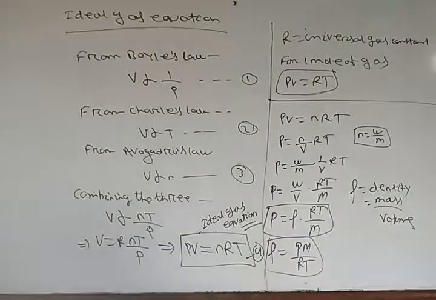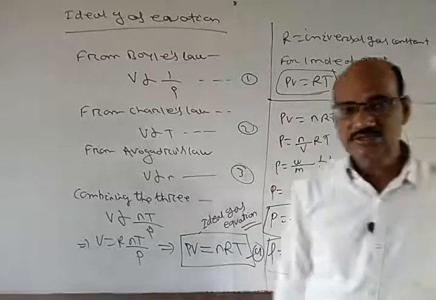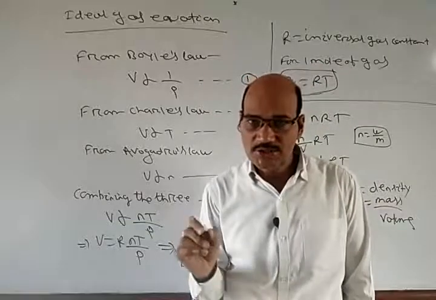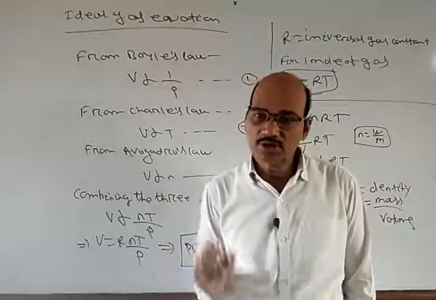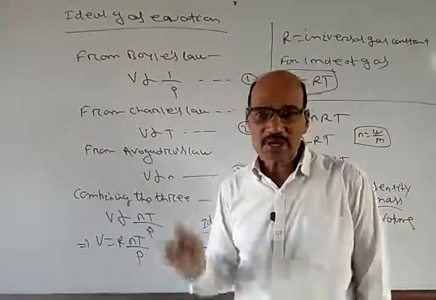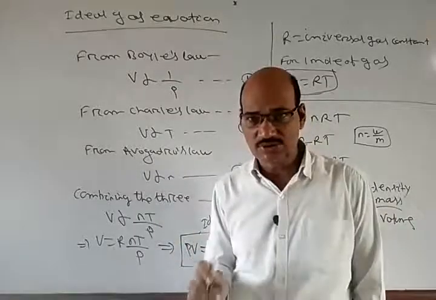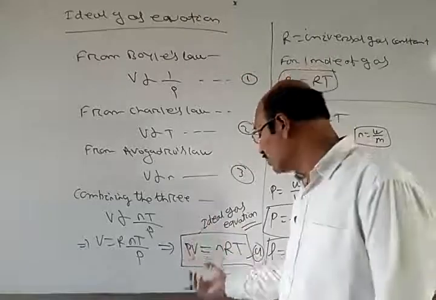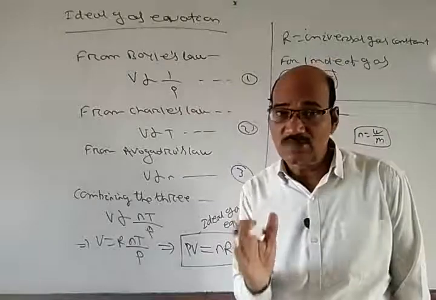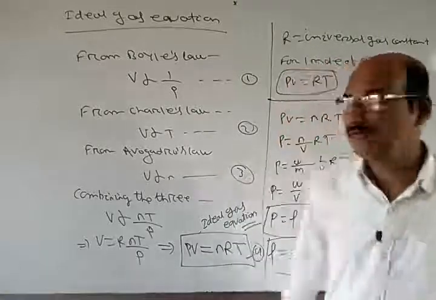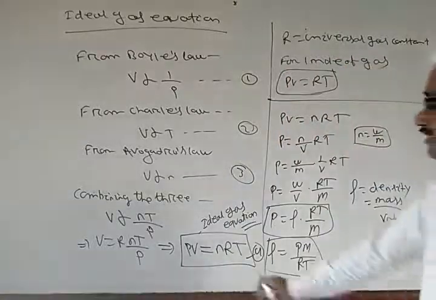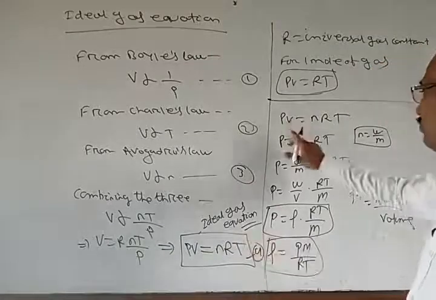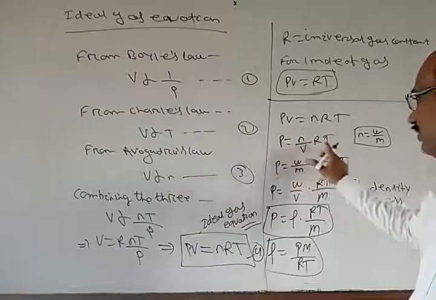So an ideal gas is a gas which obeys all the gas laws at all conditions of temperature and pressure, and also obeys the ideal gas equation. This is also called the general gas equation, PV equal to nRT. From this PV equal to nRT we can also find out the density. PV equal to nRT, or P equal to n by V RT.